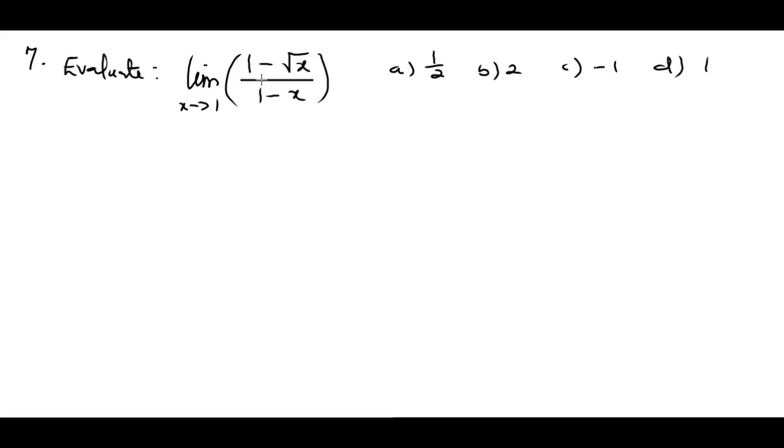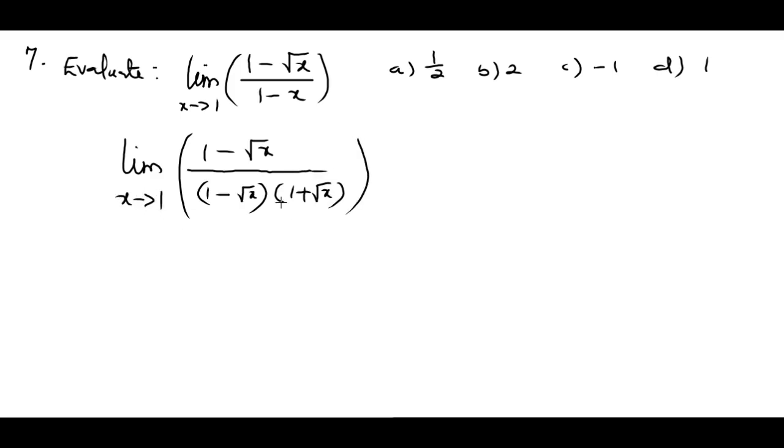We have this limit. If we are to do direct substitution of x as 1, that would be 1 minus 1, which will be 0, and that is a sin in limits. So what do we do? We can transform the denominator so that it looks like difference of two squares. I can have this.